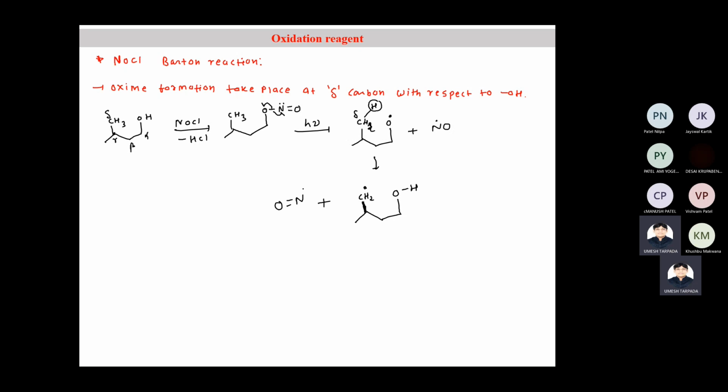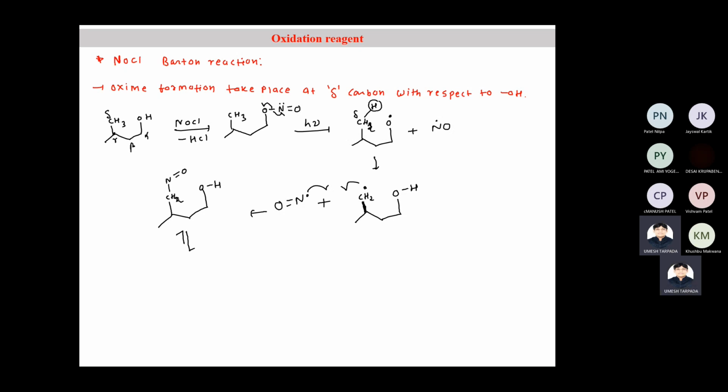N double bond O radical, this will combine with this one, and it gives CH2, this is OH which is as it is, and here CH2 single bond N double bond O in this way, which is in resonance with this one.